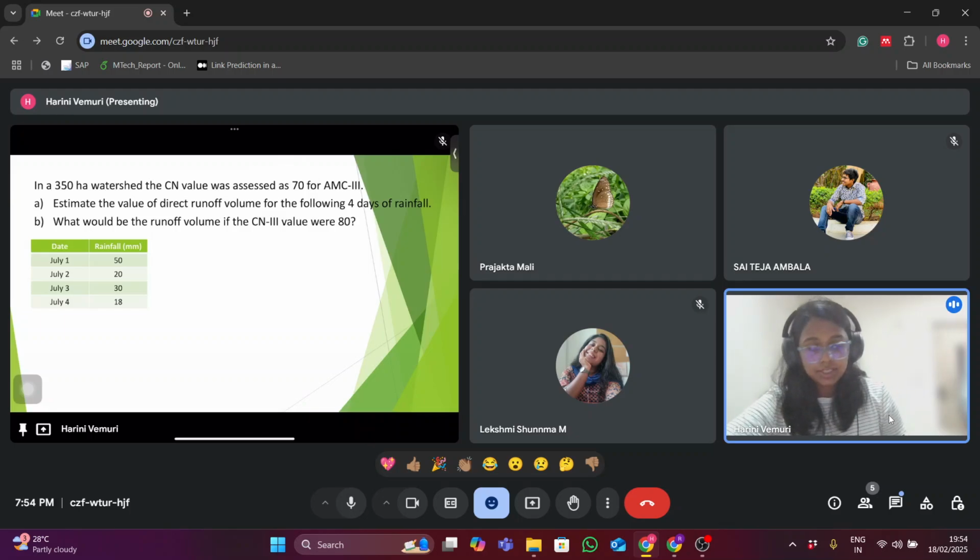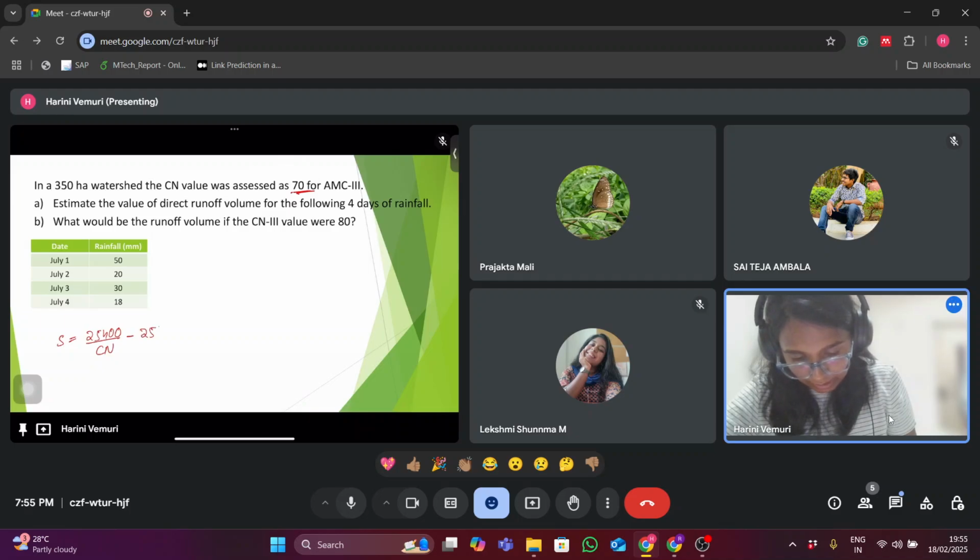So the next question is, in a 350 hectares watershed, the CN value was assessed as 70 for AMC3. Estimate the value of direct runoff volume for the following 4 days of rainfall. So we have the CN value. Then we have to calculate the maximum potential retention using the formula.